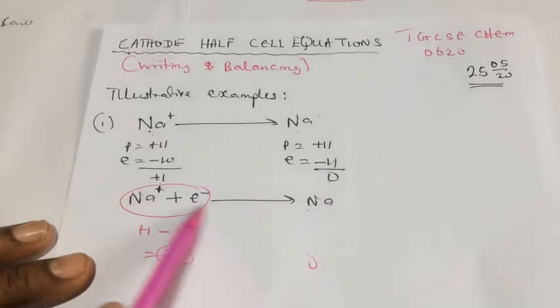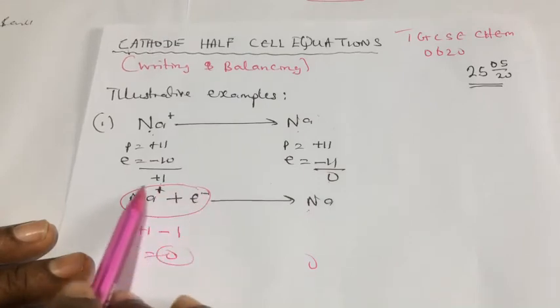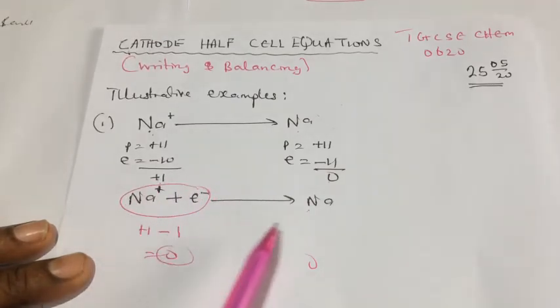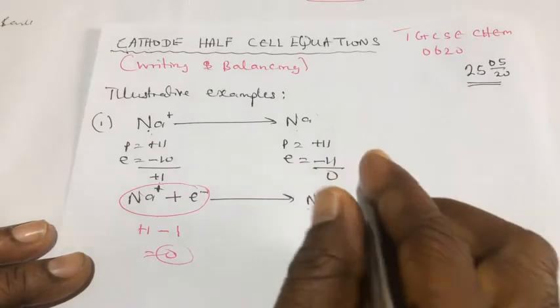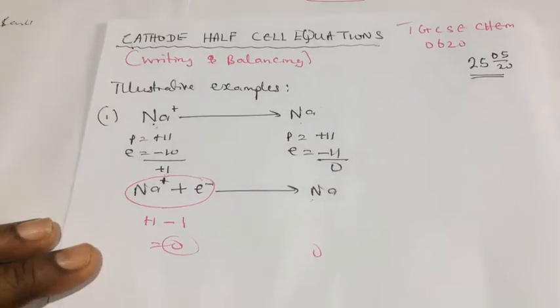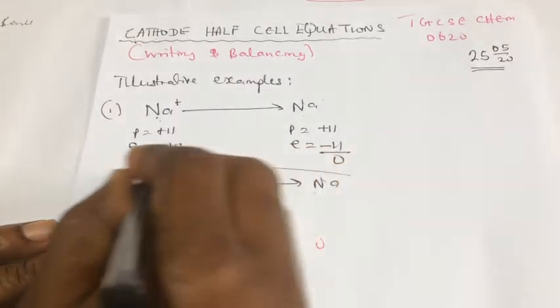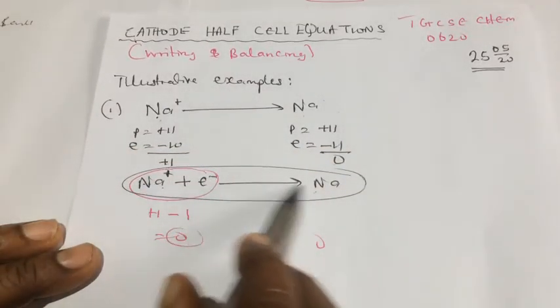So this is when the number of atoms are the same and the total charge on each side is the same or equal. That means it is balanced. So this is the cathode half-cell equation for sodium. This very one is how you write it: Na⁺ plus an electron gives you Na.